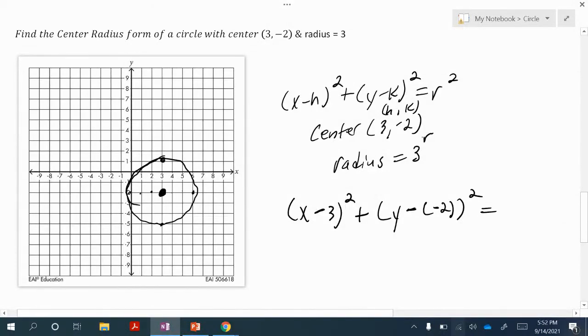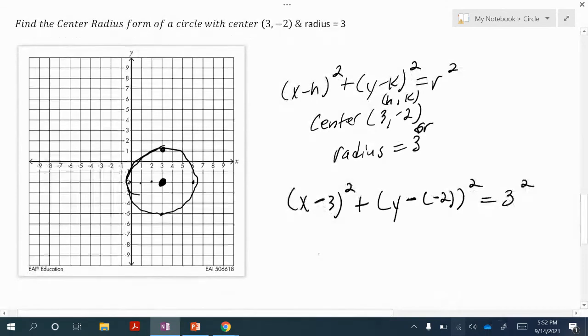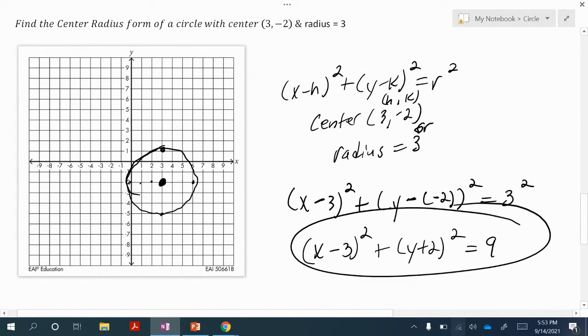That's equal to r, which is 3 squared. And now if we simplify, we have x minus 3 quantity squared plus y plus 2 quantity squared is equal to 9 as our equation.